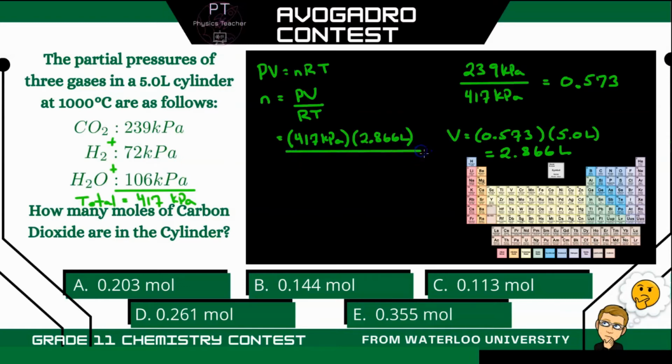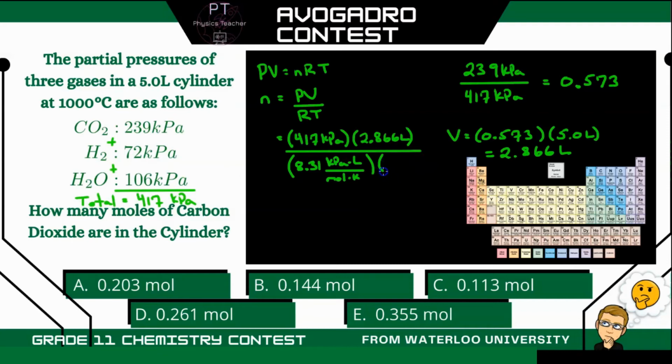We divide by our gas constant, which is 8.31 kilopascals times liters over moles Kelvin. That's a constant you should memorize.